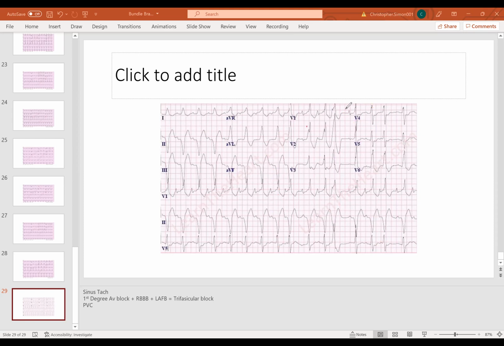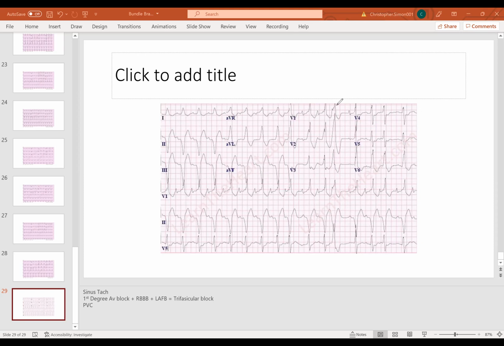But if this all happened at the same time, it's going to go straight downwards through the lead. So what we're seeing here, guys, is a PVC. So that would be a PVC right here, which makes everything irregular afterwards. PVCs always mess up the timing of things. So I realize this is a lot of stuff. This is really heavy stuff. So that's pretty much it for the bundle branches.